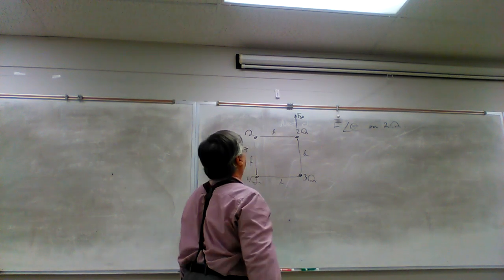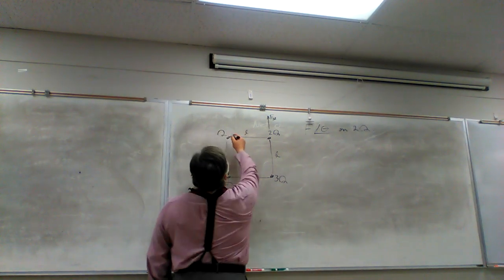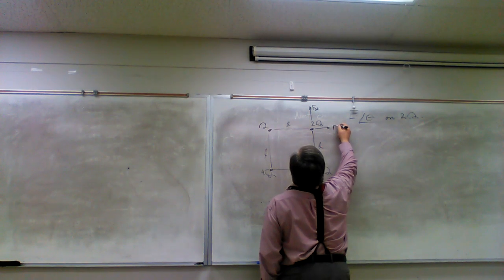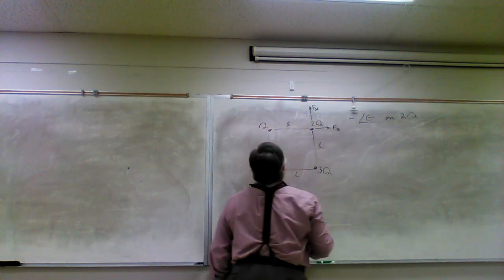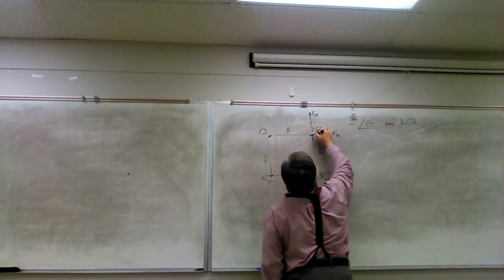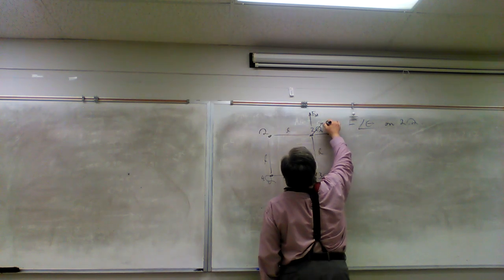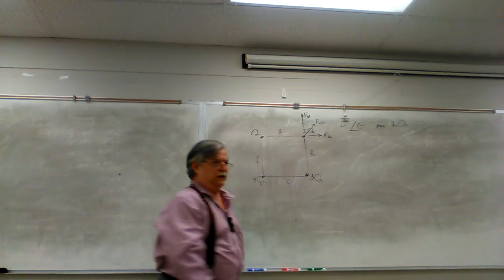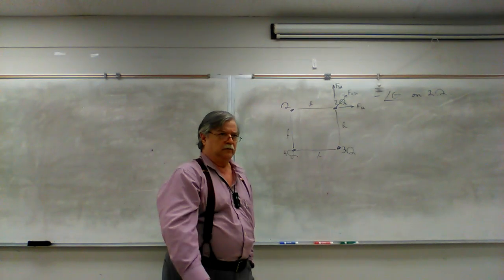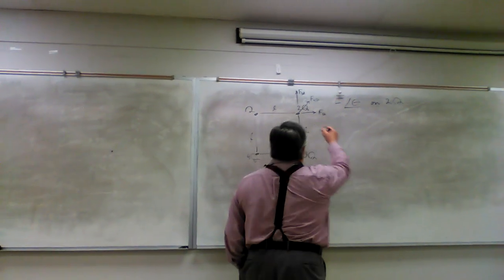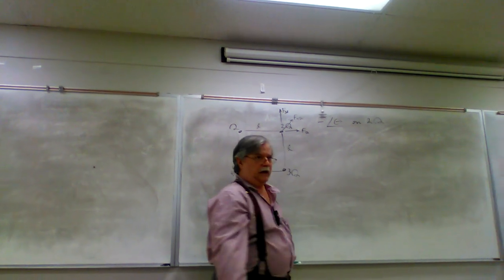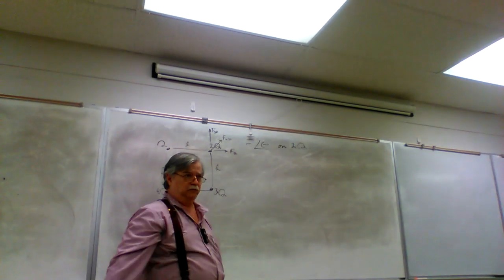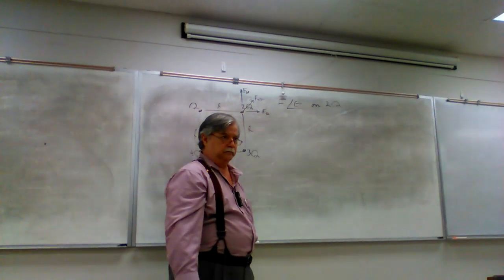The force from 3Q is going to be pushing in that direction. The force from 4Q is going to be pushing in that direction. So we've got to calculate 3 vectors here and then add them together to get the net total force acting on 2Q.